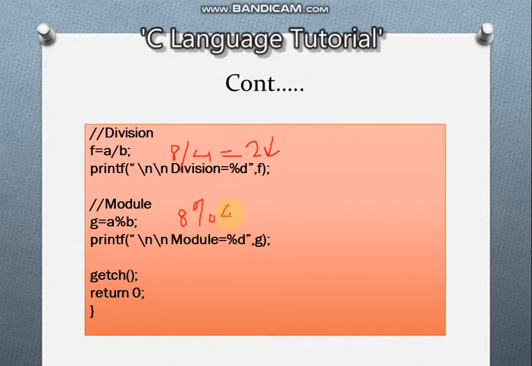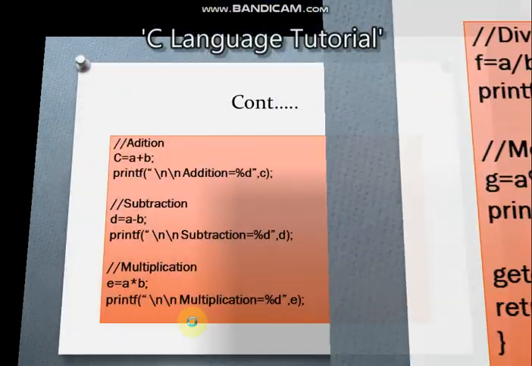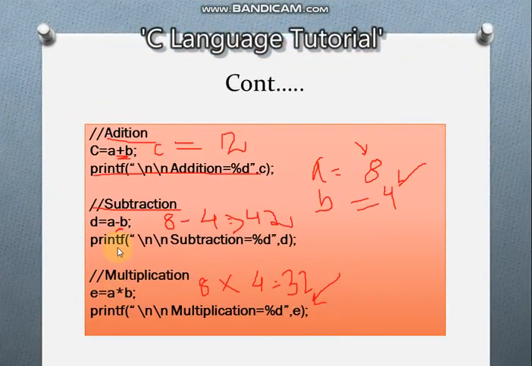So we get the remainder as 0, which will be printed over here. Finally our program ends. So we have used the modulus operator and the division operator. In our previous video we used the multiplication, subtraction and addition operators.